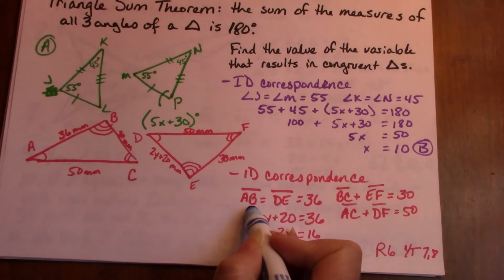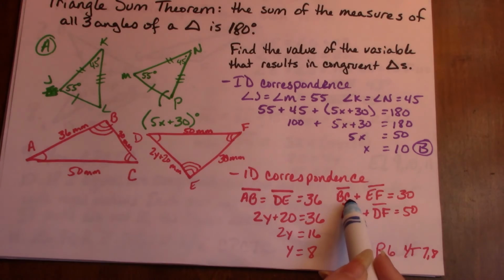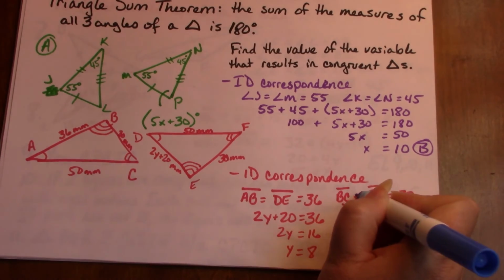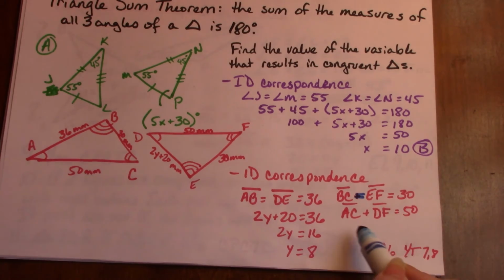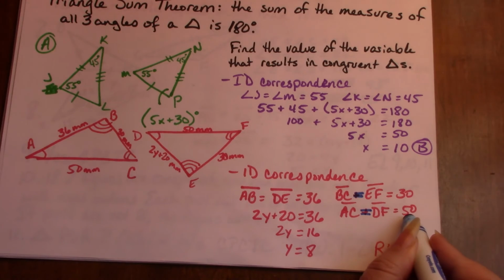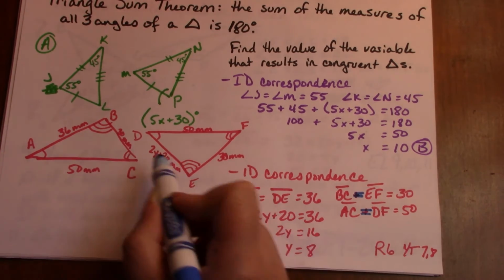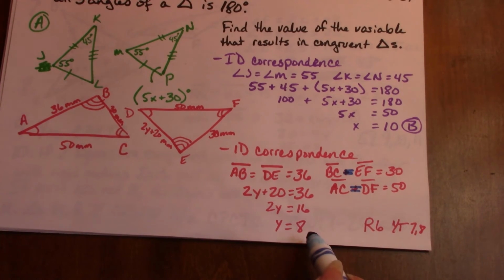So our correspondence here, line AB equals line DE equals 36, and line BC equals line EF, which equals 30. Line AC equals line DF equals 50. So we know that 2y plus 20 has to equal 36. And I subtract 20 from both sides, and 2y equals 16, so y equals 8.